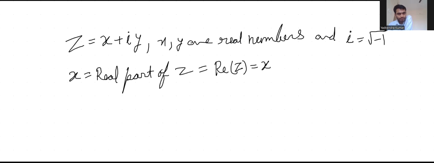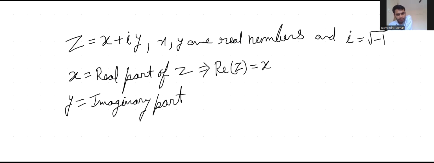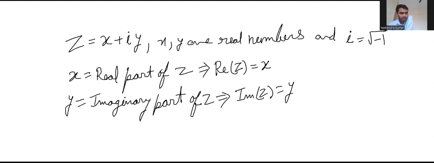Now, y is the imaginary part of z, and in short, we write Im of z.